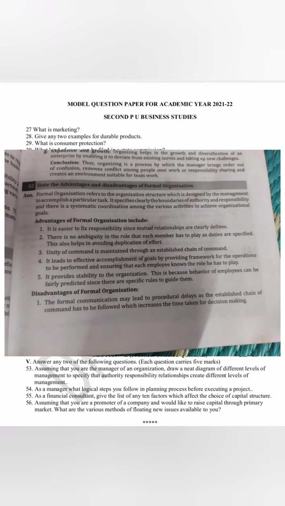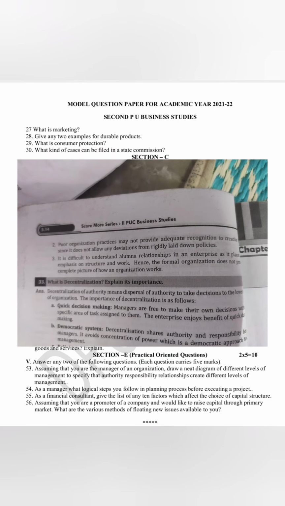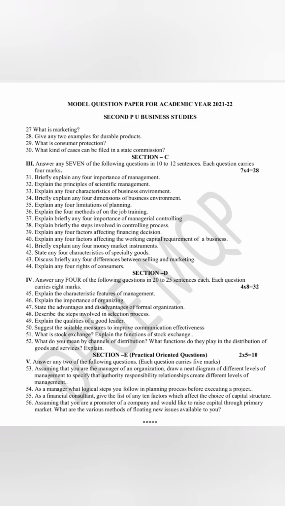It also provides flexibility and stability to the organization. Disadvantages are that it leads to a lot of delay as they have to follow the chain of command, poor organization practice may not provide adequate recognition, and it is difficult to understand the relationships in an enterprise due to more importance given to structure and work. So these all are the advantages and disadvantages.